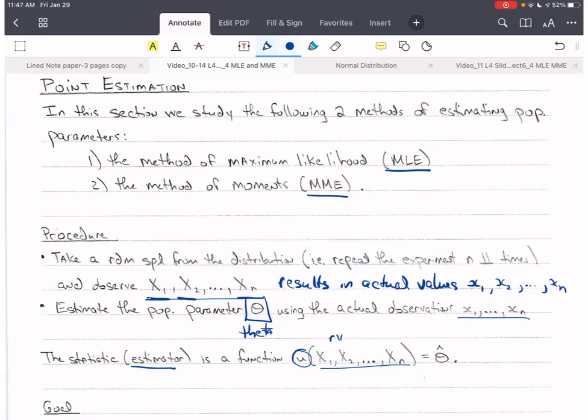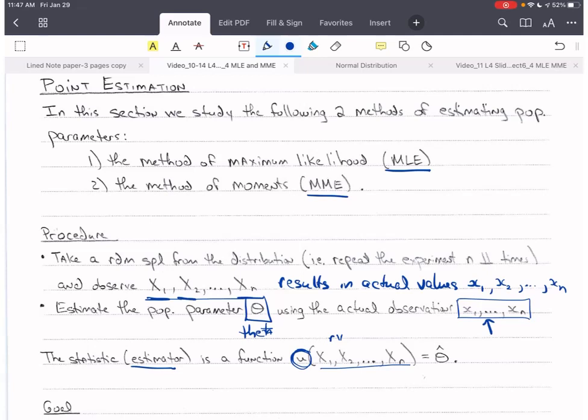These are the capital letters, not the little letters, because a function of constants is not very interesting, but a function of variables is. Okay, so this function stands for whatever we're going to do to these values. All right, but it's a function of the random variables, not a function of the observations. Okay, observed values, function of the random variables.